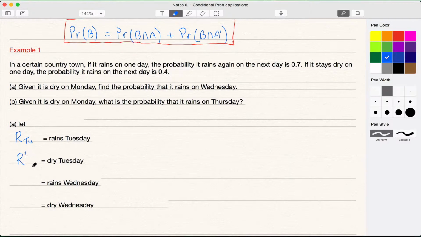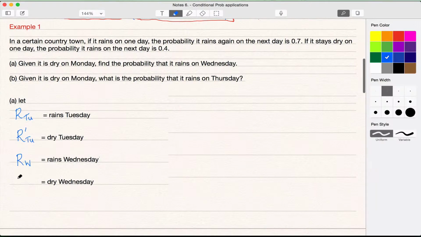Doesn't rain on Tuesday will be R dash Tuesday. Rains on Wednesday, we can just use a W for Wednesday. And doesn't rain on Wednesday. You could have chosen A and A dash, or you could have chosen D for dry here and D dash for not dry. Completely up to you, but you do need to make sure that you define your events before you start solving any problems.